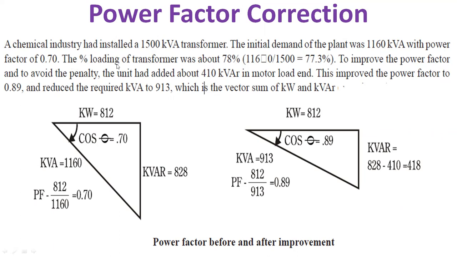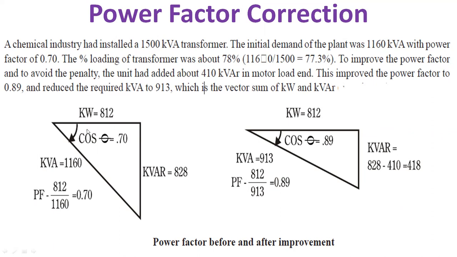The percentage loading of the transformer was about 78%, because 1160 divided by 1500, we get 77.3%. To improve the power factor and to avoid the penalty, the unit added about 410 kVAR at the motor load end. This improved the power factor to 0.89 and reduced the required kVA to 913, which is the vector sum of kilowatt and kVAR.